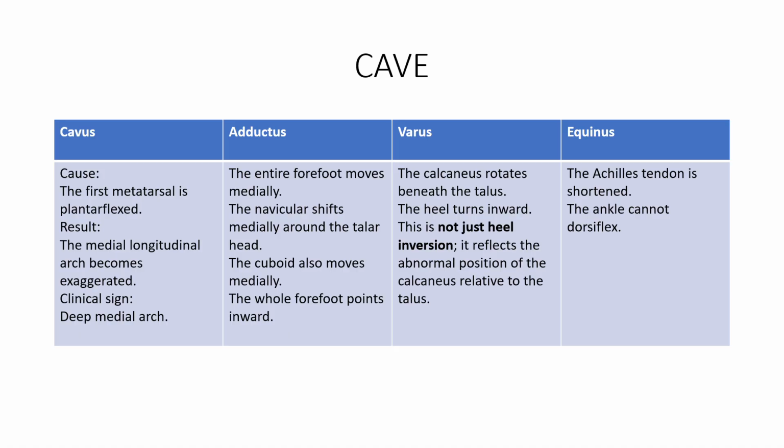What is varus? The calcaneus rotates beneath the talus. The heel turns inward. This is not just heel inversion, it reflects the abnormal position of the calcaneus relative to the talus. And what is equinus? The Achilles tendon is shortened, so the ankle cannot dorsiflex and it remains in a plantar flexed position.